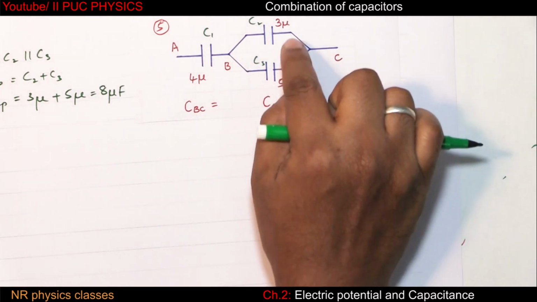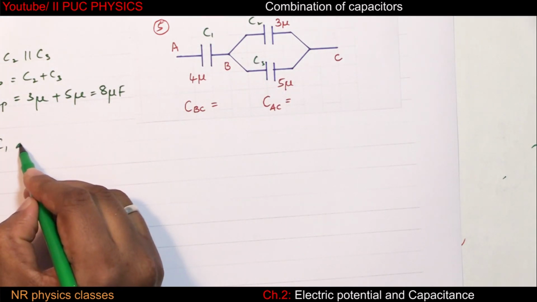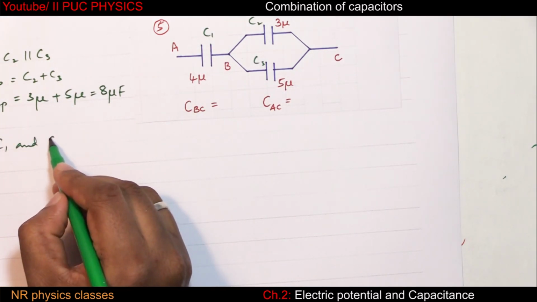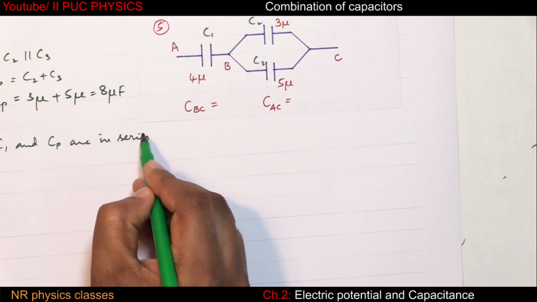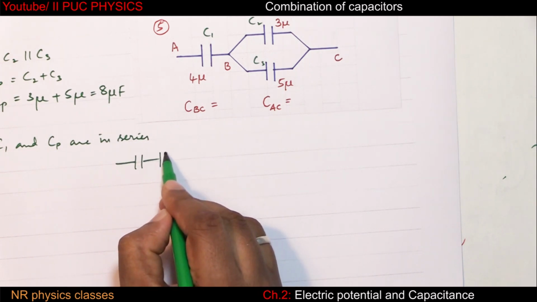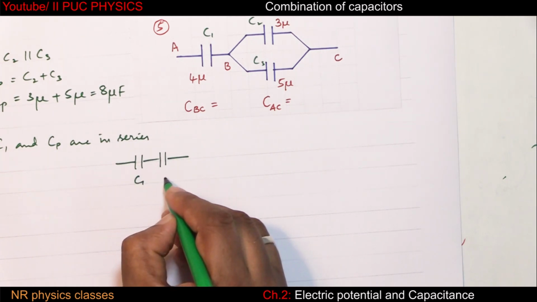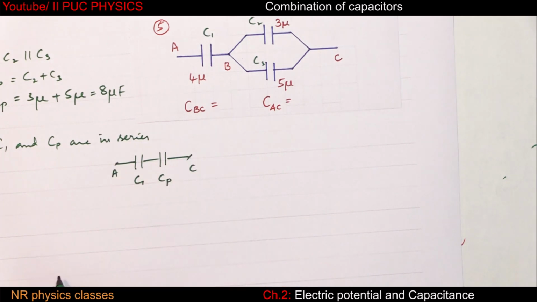This CP is in series with C1. So C1 and CP are in series. Something like this. This is C1 and this is CP. This is A and this is C.